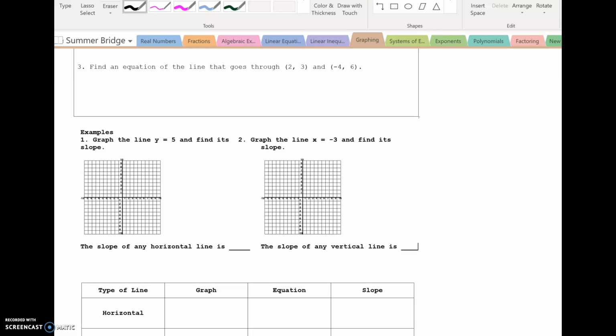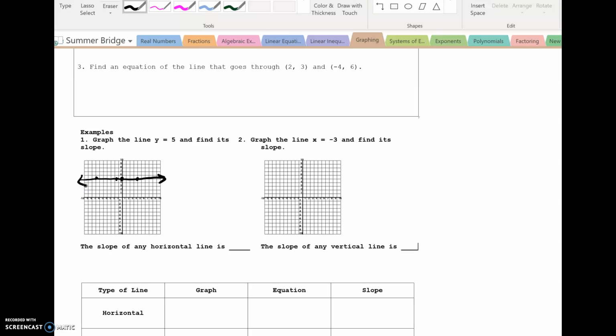Okay, so if I were to say graph the line y is equal to 5 and find its slope. So y is equal to 5 really is saying when my y value is 5. So where's my y value 5? Well, my y value 5 is right there, but it could also be here. It could also be here. It could be pretty much anywhere along this horizontal line. Okay?